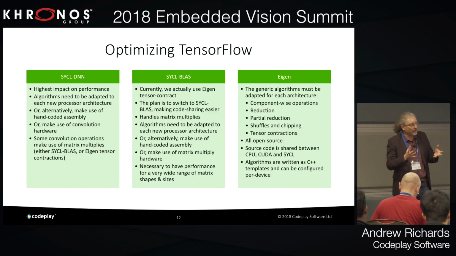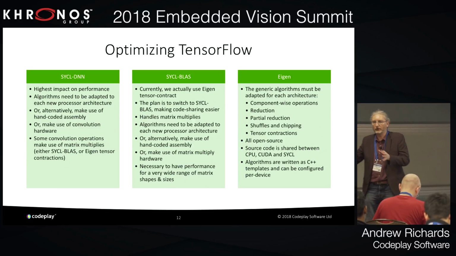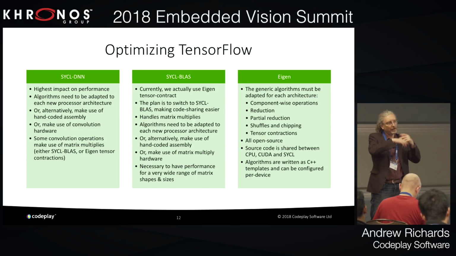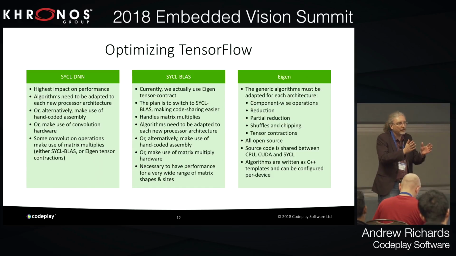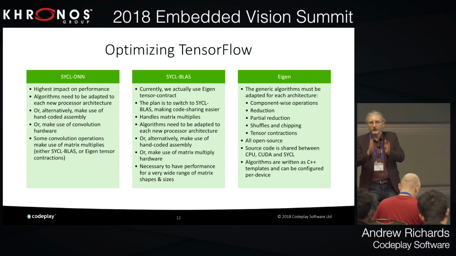So the source code in Eigen is actually shared between CPU, CUDA, and SYCL. So if you compile Eigen with a CPU compiler, it will give you vectorized CPU multi-core code. So it entirely works within C++ header files. If you compile Eigen with a CUDA compiler, it gives you CUDA GPU code.